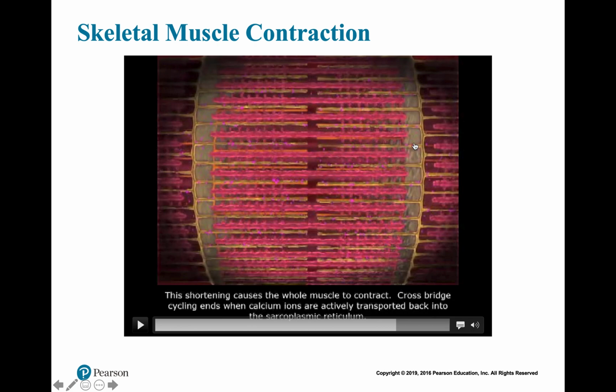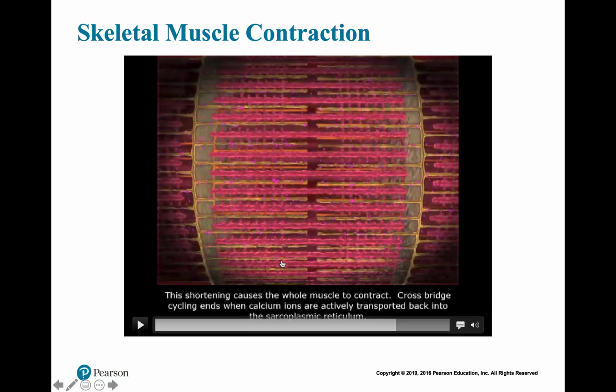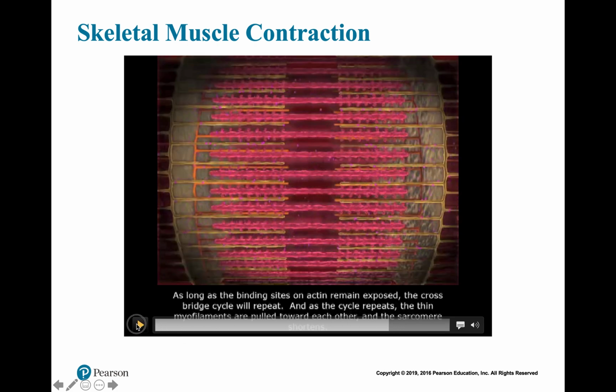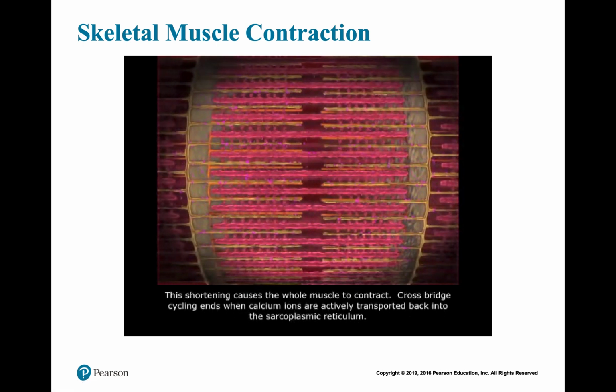The myosin filaments aren't getting shorter, the actin filaments aren't getting shorter, they're just sliding past one another, making that H zone smaller, making the I zone smaller. So I hope that makes sense, linking the anatomy of the sarcomere, which we learned in previous videos, to actual contraction, structure-function relationships, okay? Sarcomere shortens. This shortening causes the whole muscle to contract.